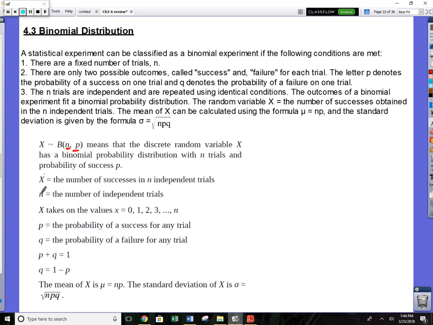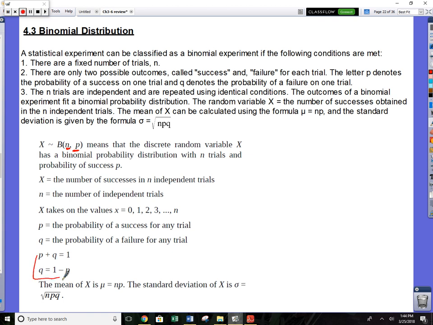So just a couple formulas. I guess we go through this stuff. X is the number of successes. We're only going to worry really about the successes, about the p's. N is the number of independent trials. So X will take on the values 0, 1, 2, 3, depending on how many trials you got. P is the probability, so it's the chance of a success happening. Q is the failure.